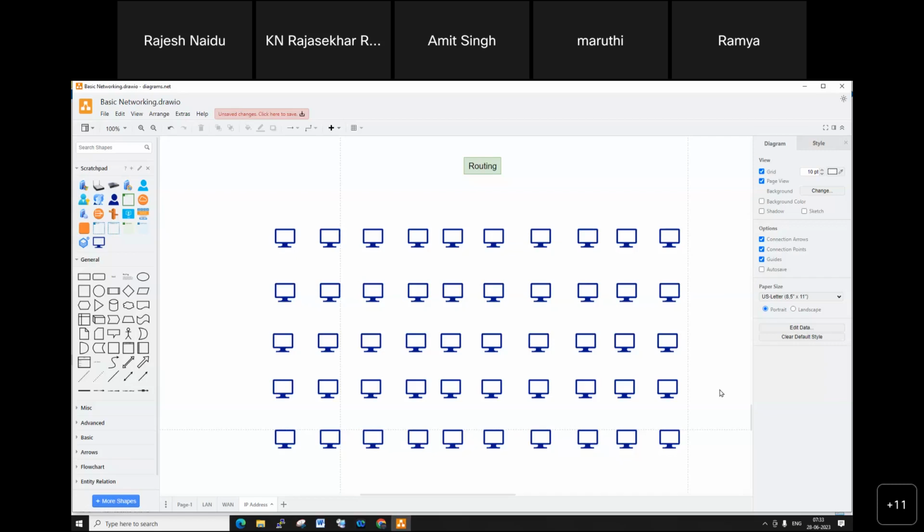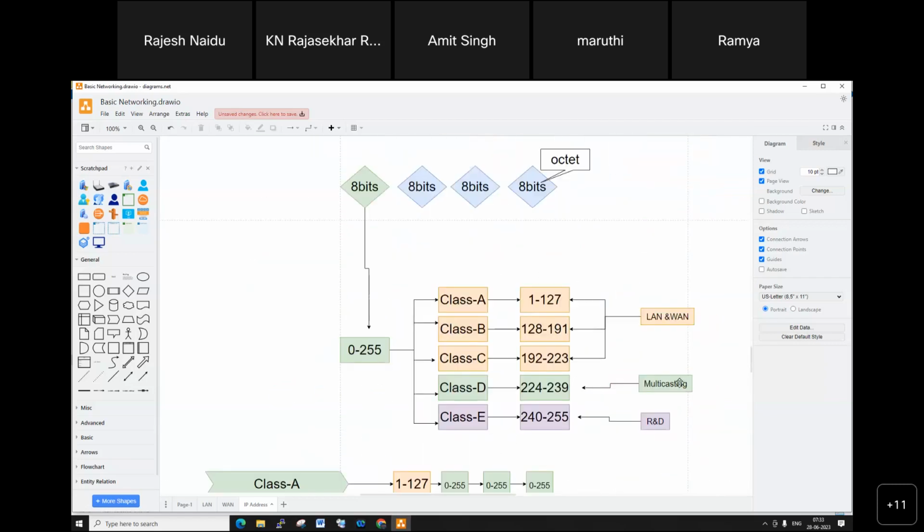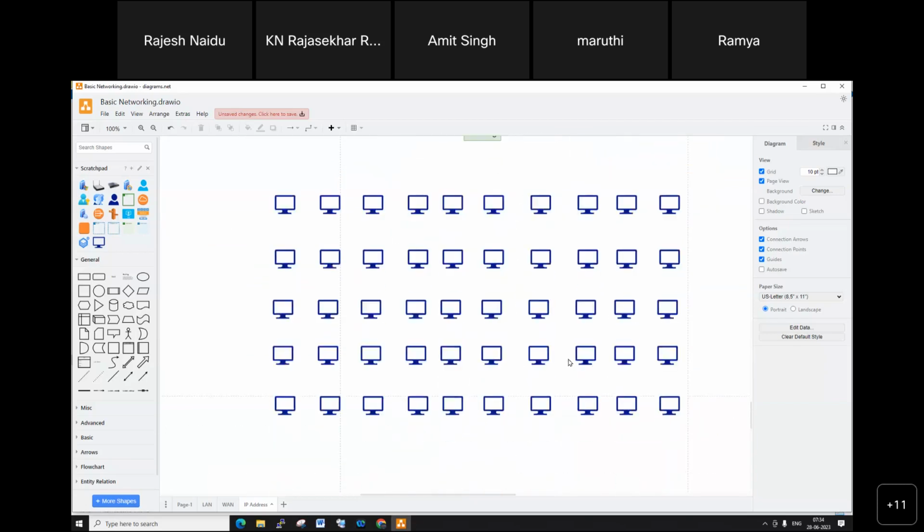So we need to assign this IP address. But as per the TCP/IP structure, class A, class B, class C, these IP addresses are divided into two sections. One is the LAN IP address, another is the WAN IP address. Currently we are going to talk about the LAN concept.